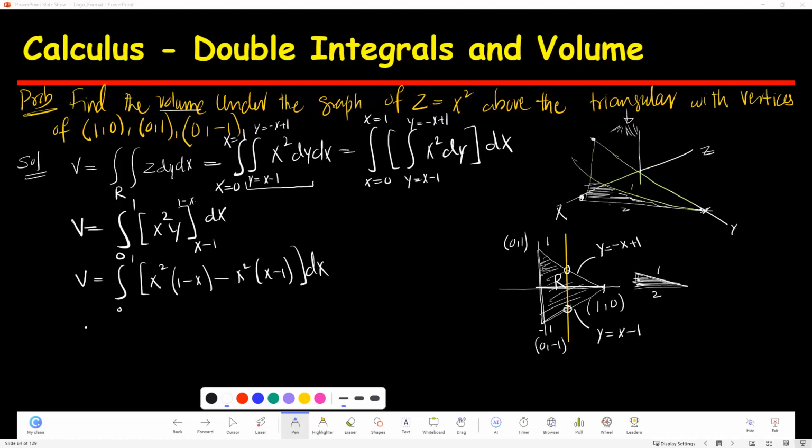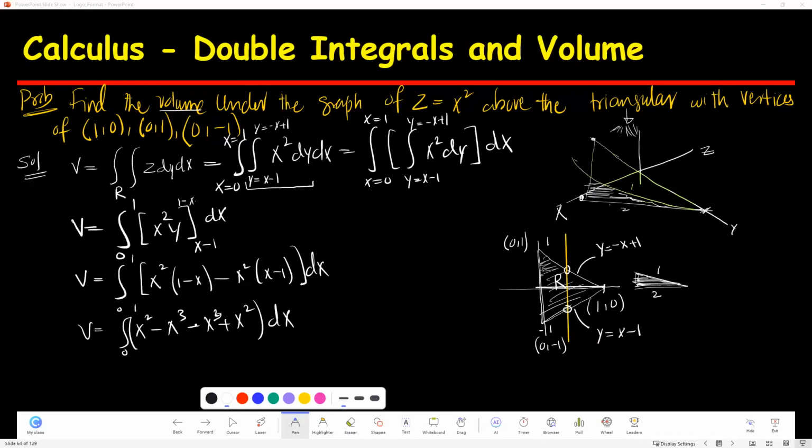Okay, if I do further simplification of this, it's going to be x squared minus x cubed minus x squared plus x squared. Sorry, it's going to be x cubed, and then everything will be closed inside the parentheses and the dx.